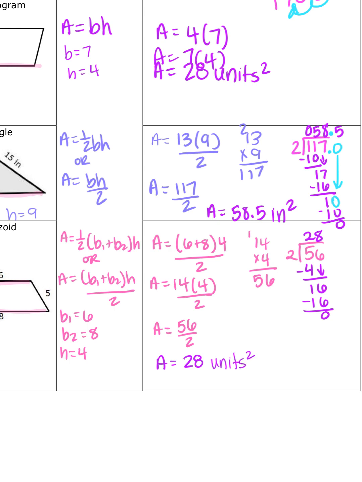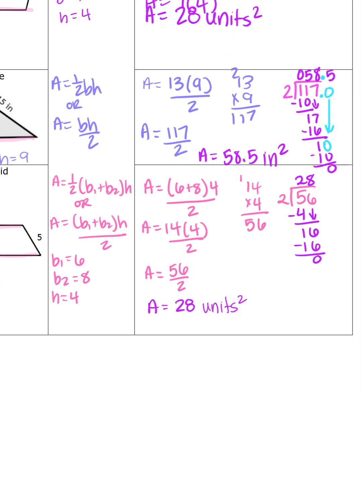Now, some of you may be saying, well, wait a minute, we've also done where we kind of divide first. So I'm going to show that to you, but I don't want you to freak out and be like, what is she doing?